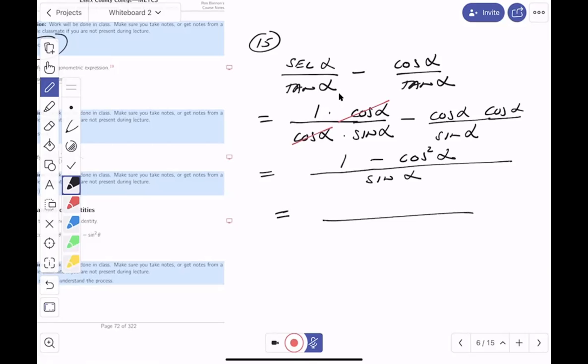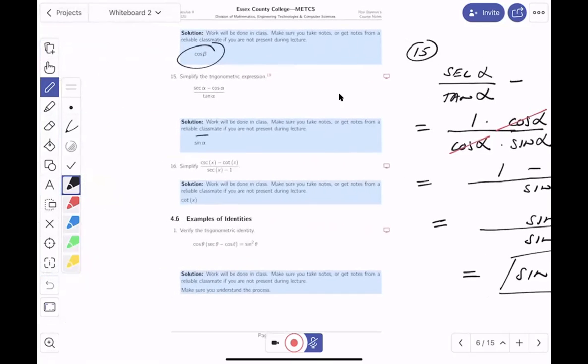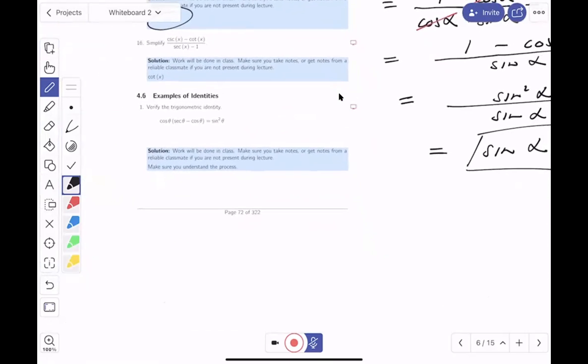Now what's 1 minus cosine squared alpha? It's sine squared. On bottom we get sine of alpha. One of the sines cancel, leaving sine of alpha. All right, let's go back, look at it. And what are you seeing? You're seeing that there. All right, let's go to number 16, a little more complicated.